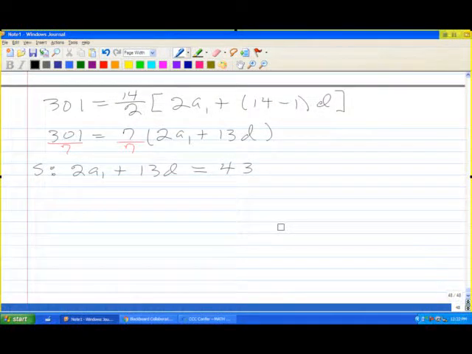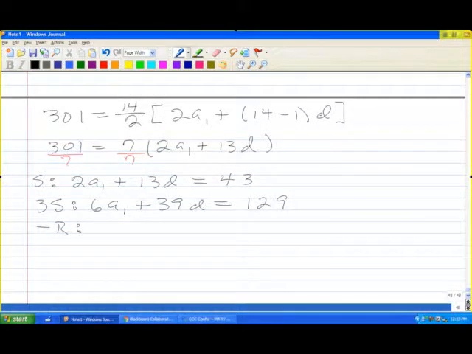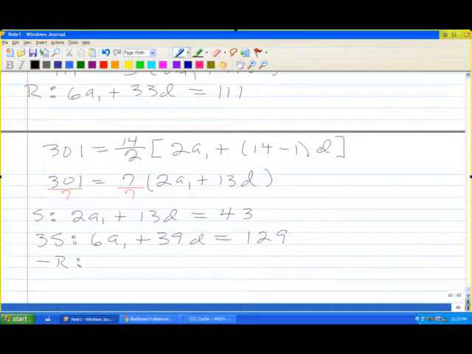So why don't I take the S, I'll multiply it by 3, so that'll give me 6A1 plus 39D equals 129. Subtract from it R, which is minus 6A1 minus 33D equals minus 111.